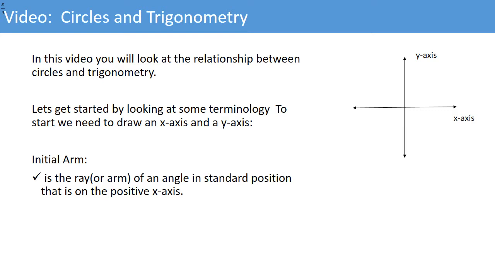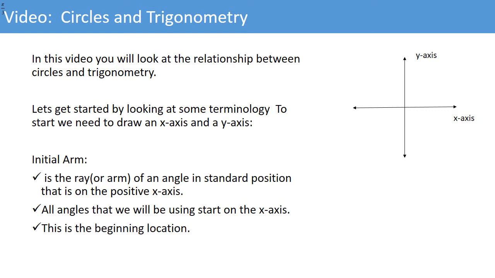This means that you're going to draw the initial line from which you're drawing the angle along the x-axis. All angles that we will be using start on the x-axis. This is the beginning location. It's indicated on the diagram by the green arrow.